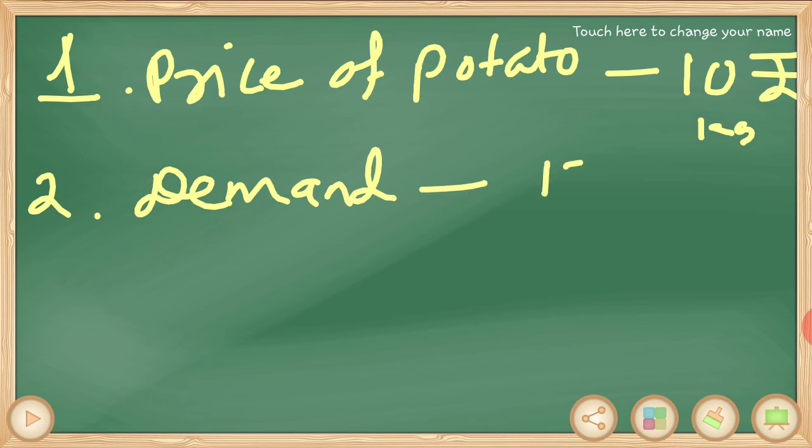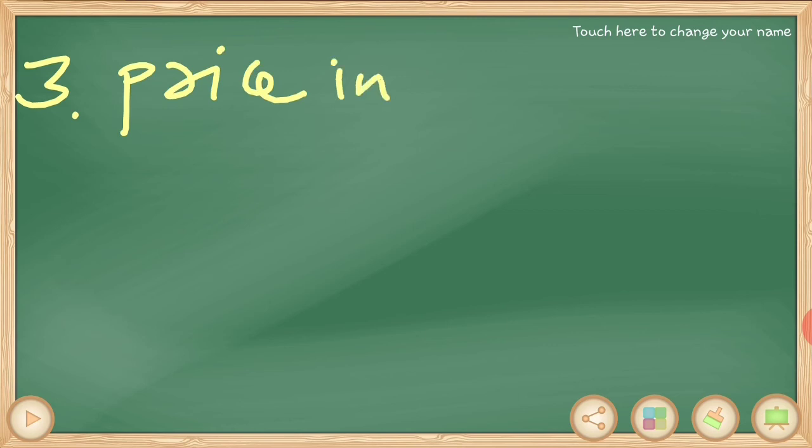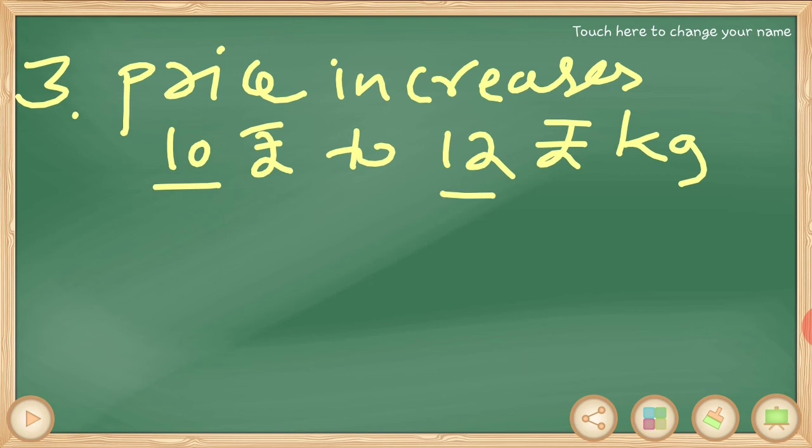Demand is equal to 12 kg. When price is 10, demand is 12. Then come to the next one, price increases from 10 rupees to 12 rupees per kg.